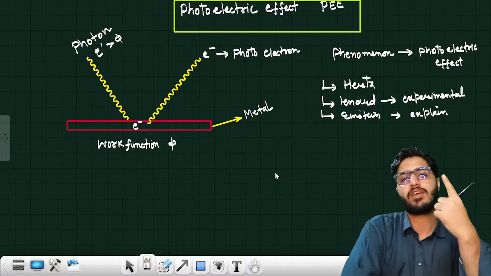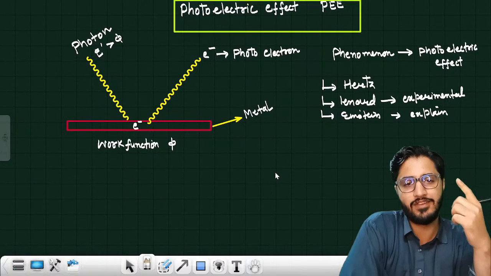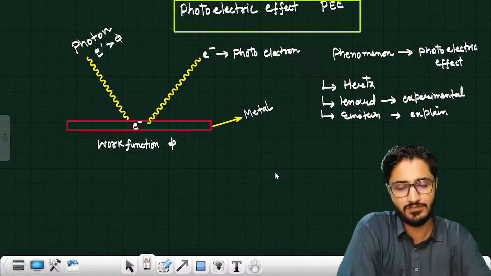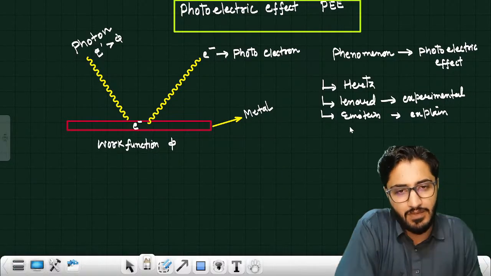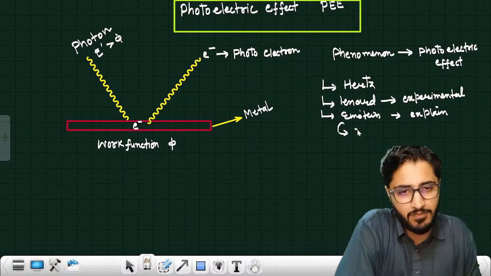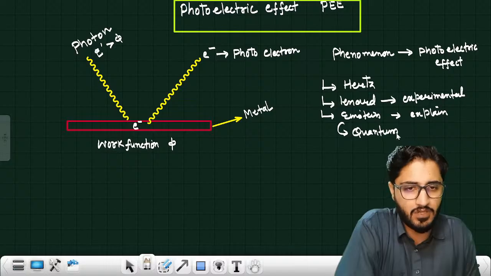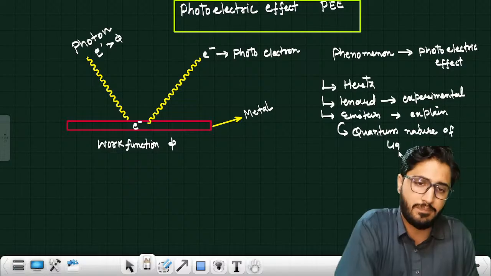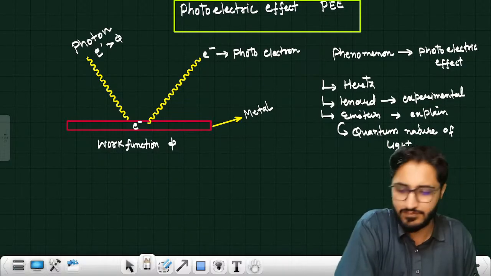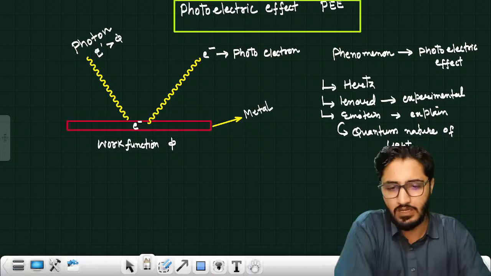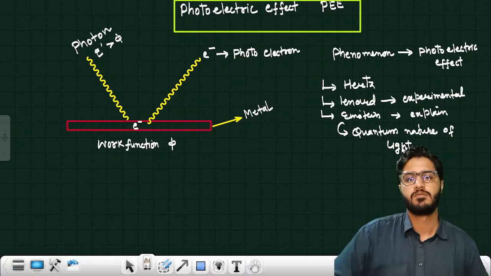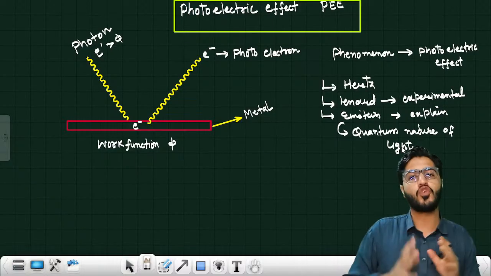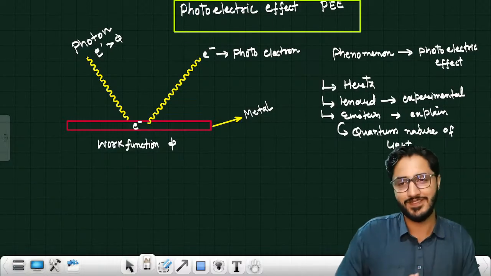So first we have Hertz, then Lenard, then Einstein. Due to this experiment, Einstein confirmed the quantum nature of light, that is, the particle nature of light. So this was all about the photoelectric effect in a very nutshell way, in a very quick way.